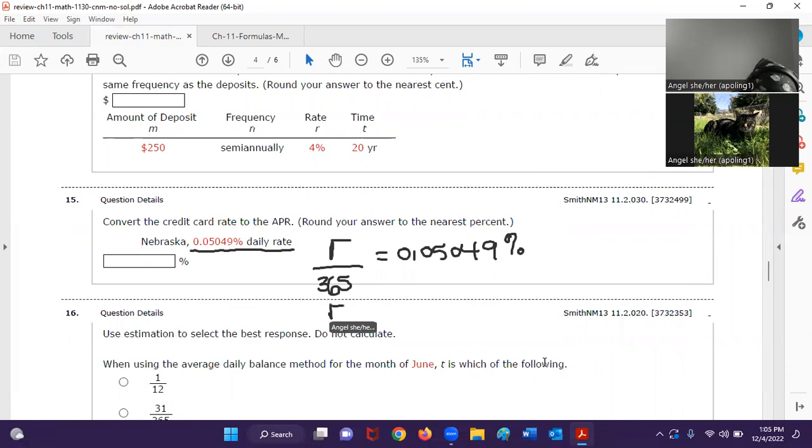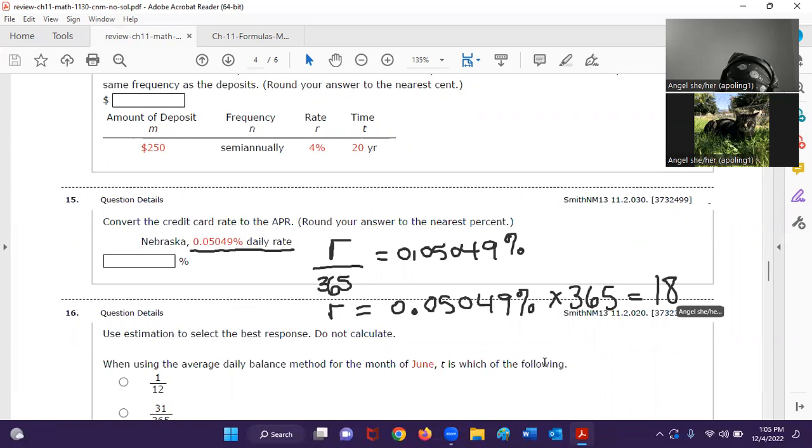So the interest rate, the APR, is R equal to this percent times 365. When you stick that in the calculator, you get 18.42885%. And they said to round to the nearest percent. So 18.